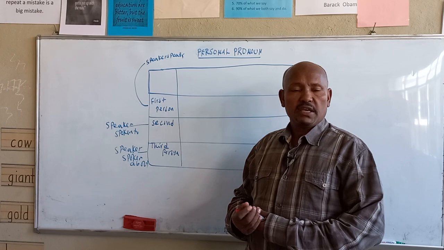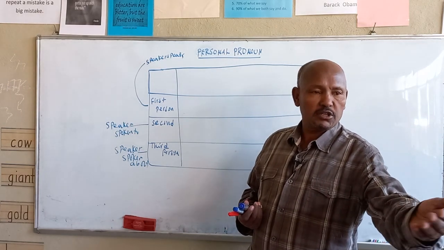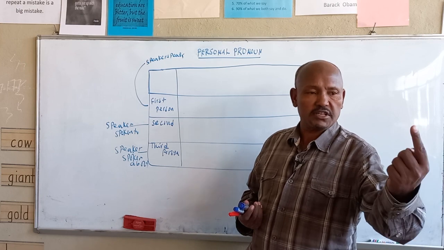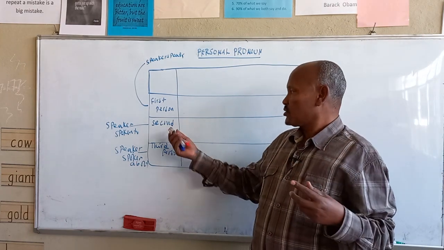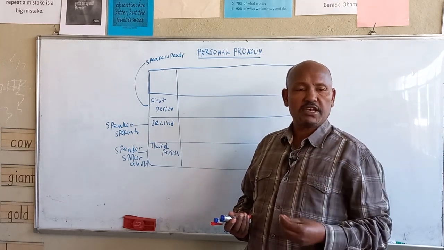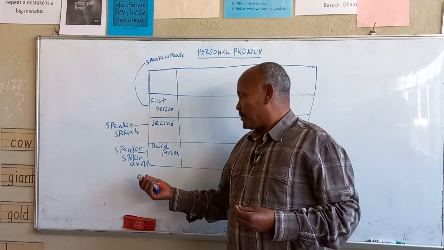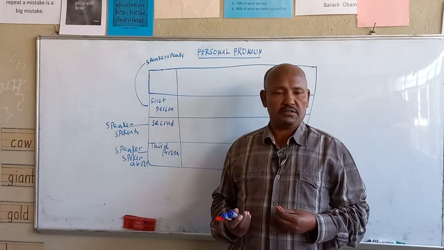Second person: if I speak about you, a single person, or you for many persons or people. So, speaker spoken to. A speaker spoken about is called third person.